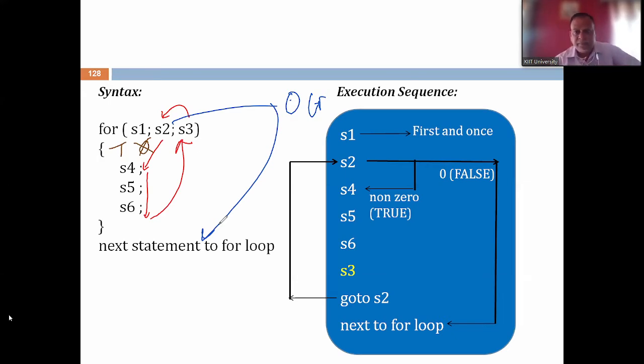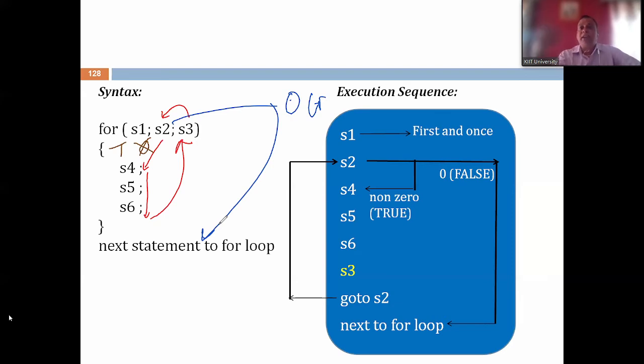Again, I'm saying S1 is executed first and only once. S2 is executed next. Depending upon the result returned by statement S2, it is treated as either true or false. Value 0 is treated as false: come out of the loop and execute the next statement outside the curly braces.